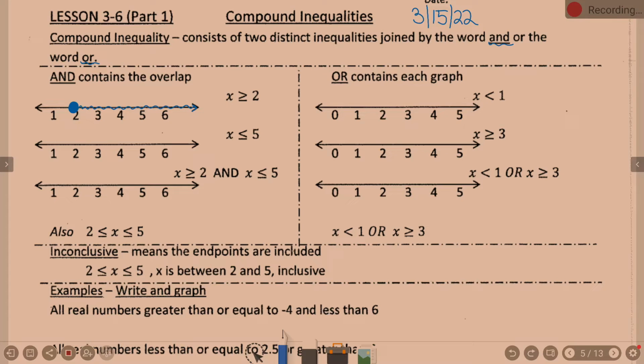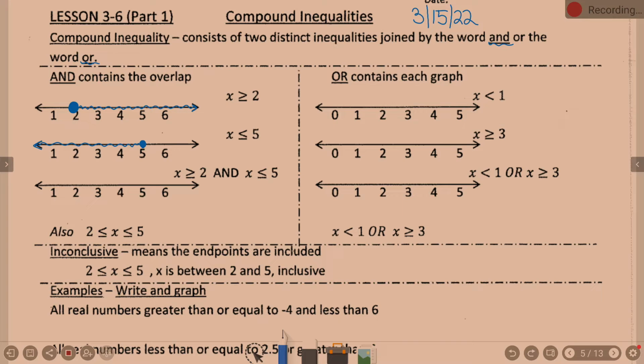You know that basic, right? And then 5 is closed and it goes to the left. X less than or equal to 5. So it's equal to, so it's closed again. This one says less than, so we're going to go to the left.